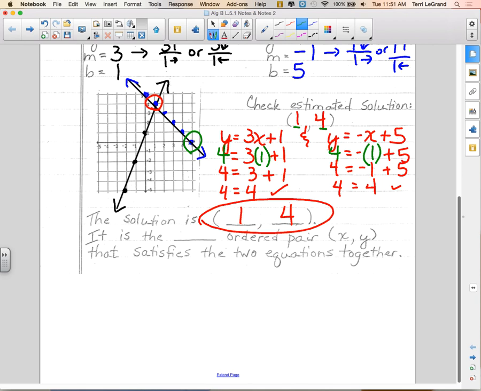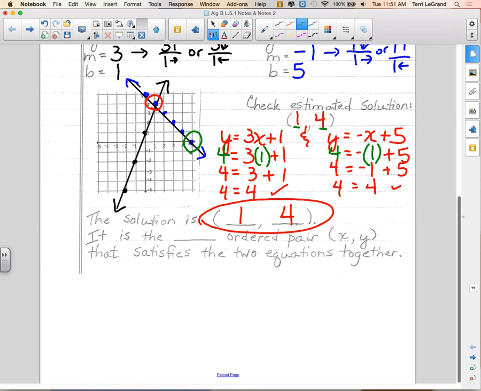Is it? No. So, you know what? Here's the reason I'm making this point right now. Here's what students want to do. They want to check out one of the equations. And if it makes that equation true, awesome, I can move on now. Is that what you can do in a system of equations? You have to check it in both of them. It has to make both of them true.